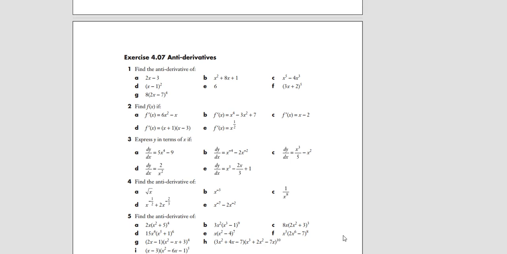So this is for the second question, D, right? And if you go and verify the answer, it looks right, okay? So sometimes you just use plain algebra to solve the problem, okay? Now I'm going to solve one more problem, which is x to the power of 1 by 2, right?